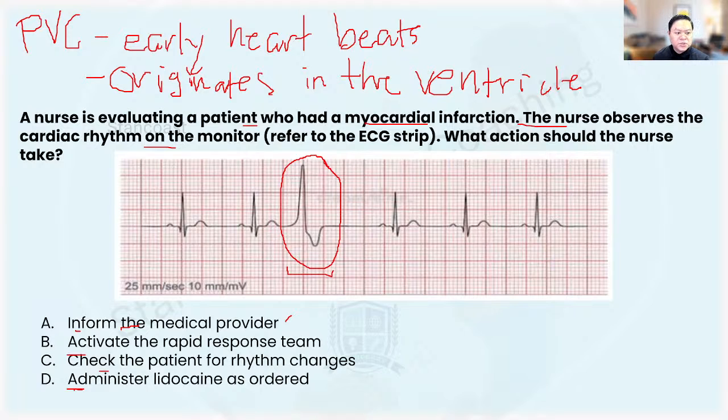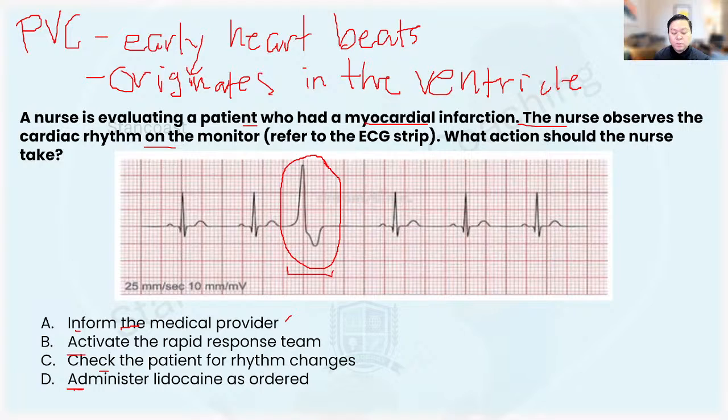So looking into just one PVC, if this patient was previously in normal sinus rhythm, and then all of a sudden this appears, you would be like, huh, what was that? It suddenly appeared. And guys, remember the possible complications that can occur in our patient after a myocardial infarction event.